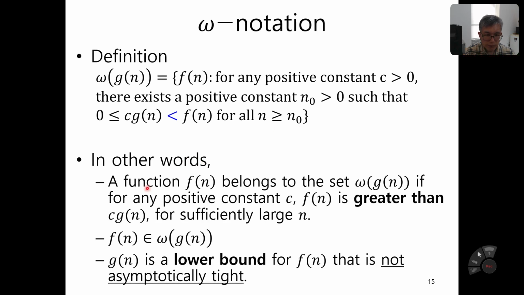In other words, a function f(n) belongs to the set little omega of g(n) if for any positive constant c, f(n) is greater than c·g(n). f(n) is always above c·g(n), so g(n) is a lower bound that is not asymptotically tight, for sufficiently large n.